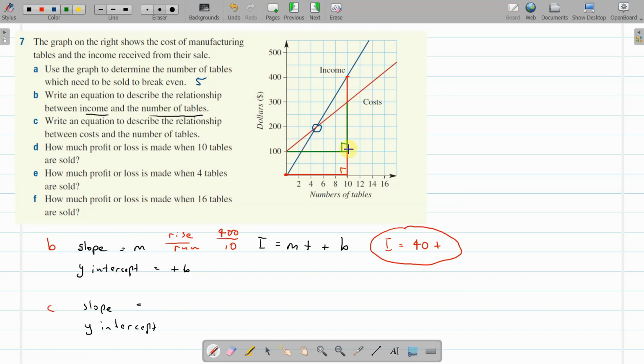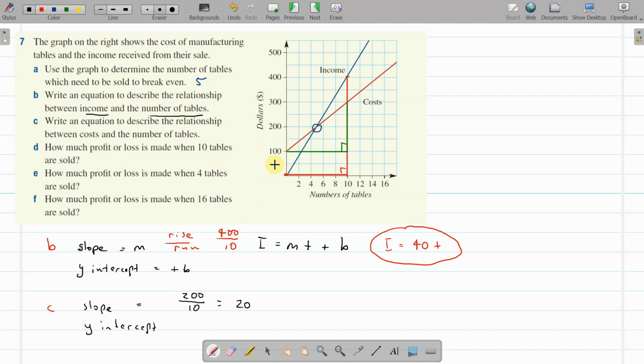So what's the vertical distance there? 100 to 300 is 200. So the rise is 200, and the run is the same as before, 10. So our slope is 200 divided by 10, which is 20.